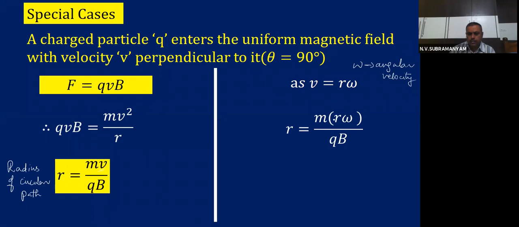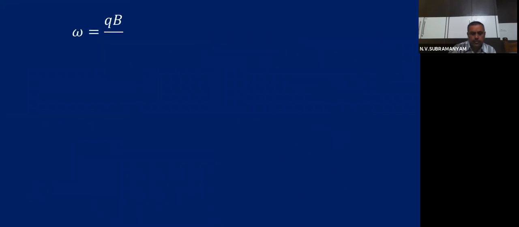This R I can cancel. Then what am I left with? This omega you keep here. If I simplify, QB will come to this side. It will become QB is equal to M omega. After this step, I can write omega is QB by M. This is the angular velocity of the charged particle. So omega is QB by M.